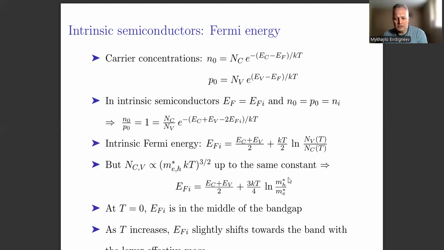The natural logarithm of a number bigger than 1 is positive, and as you increase the temperature, the second term increases. So the Fermi energy shifts up toward the conduction band. And likewise, if the electrons are heavier than holes, then the natural logarithm is taken from a number which is smaller than 1, but of course bigger than 0, and so the Fermi energy in the respective intrinsic semiconductor will shift down toward the valence band.